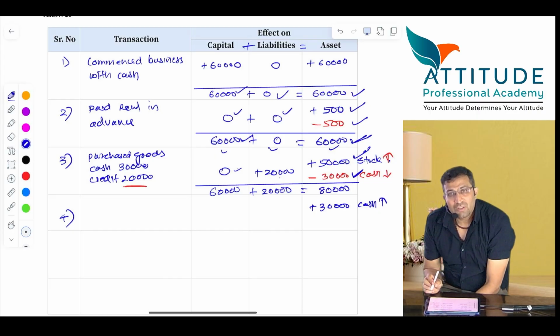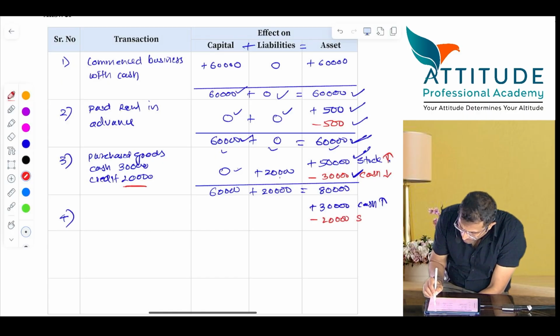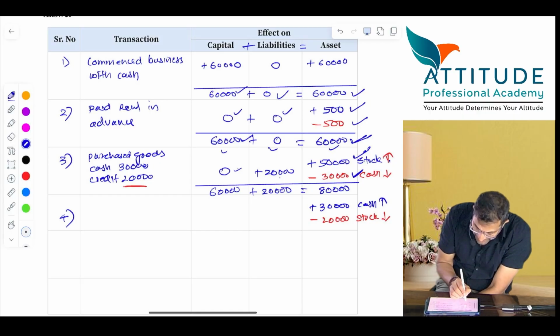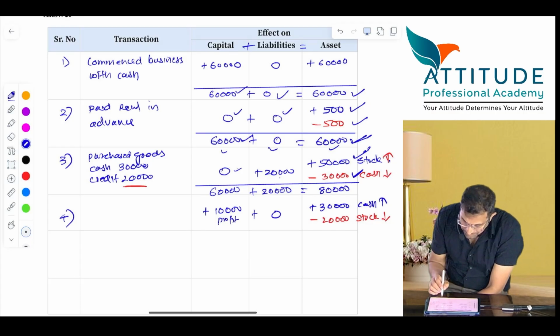But stock reduced, how much? Minus 20,000. Stock reduced by 20,000. Total profit is how much? 10,000. This profit is enjoyed by the owner. So here plus 10,000. This is nothing but profit. This is 0.